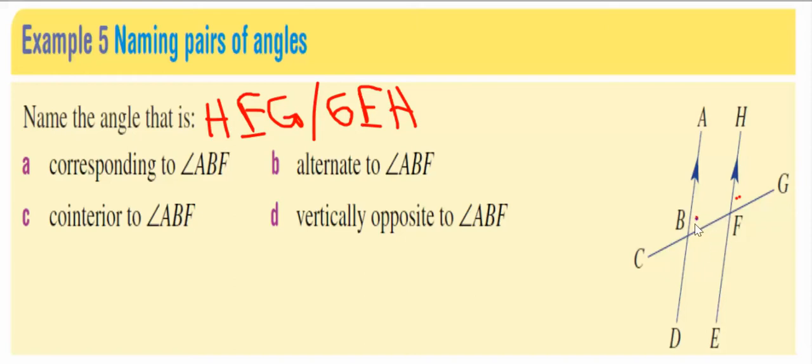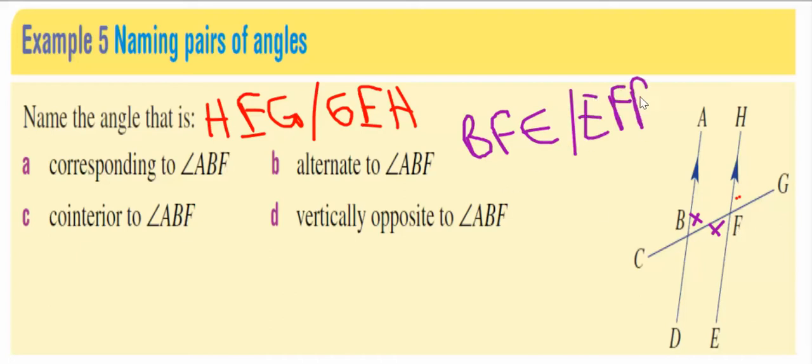So if I've got one there, our alternate angle must be in here. So our angle for that one must be BFE, or we could go EFB, the other way you could write that one. So that's our angle in there, and that's alternate.